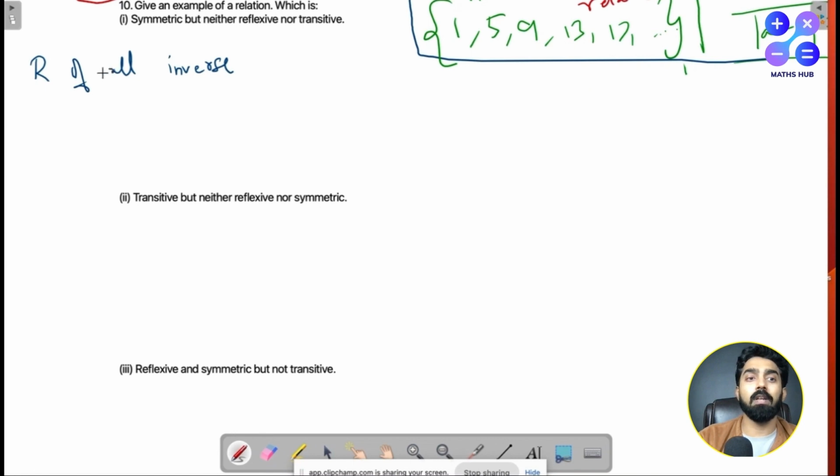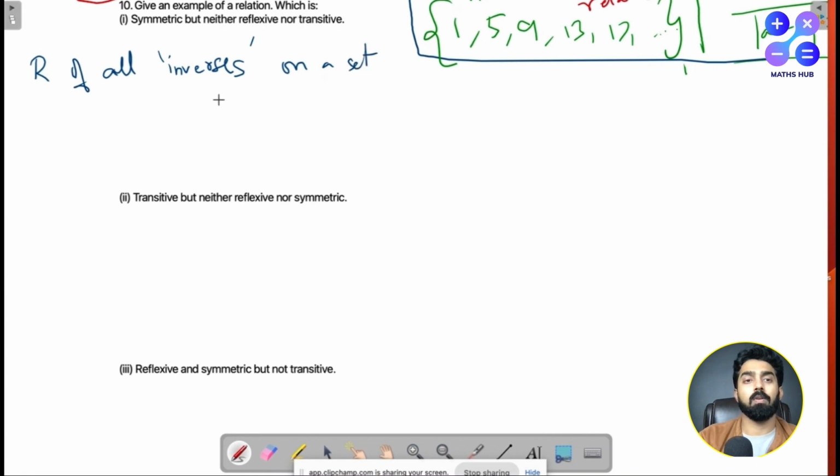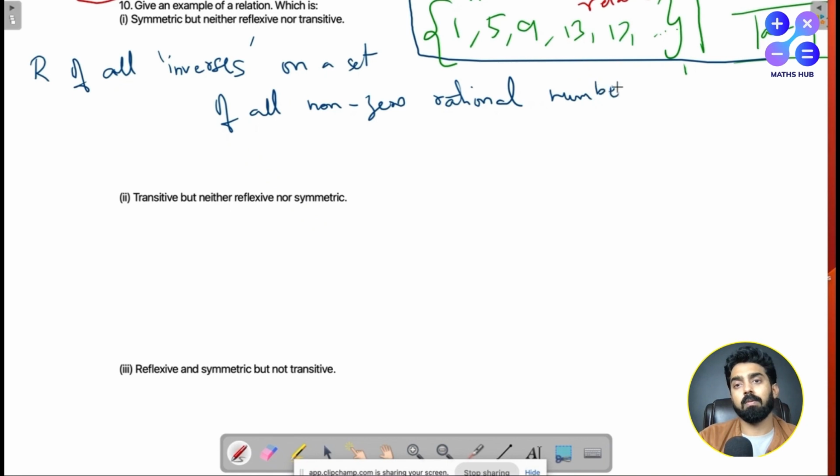relationship of all inverses on a set of all non-zero rational numbers. So a relation of all inverses on a set of all non-zero rational numbers.